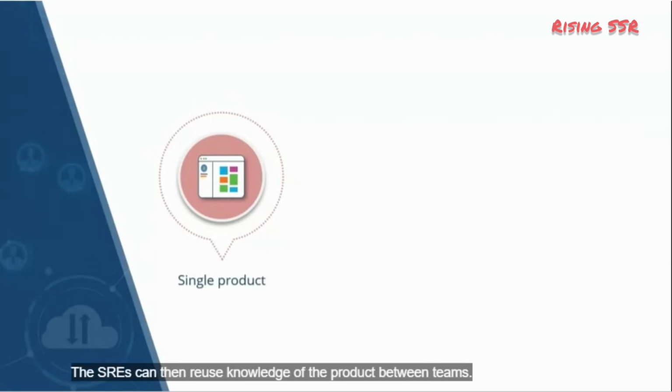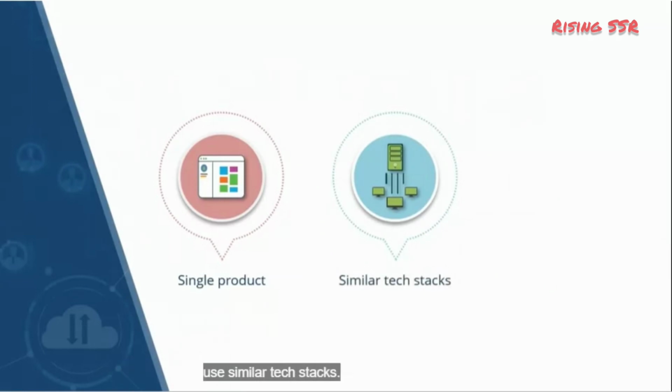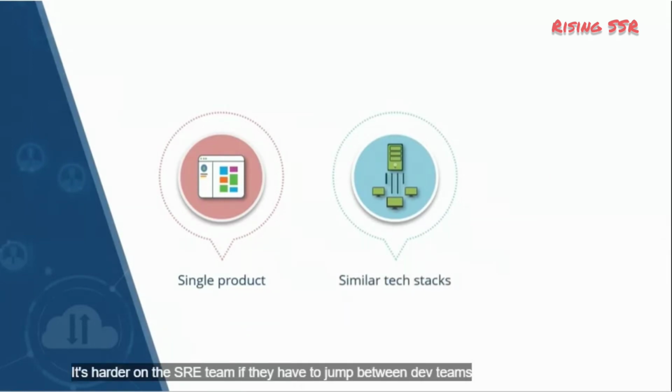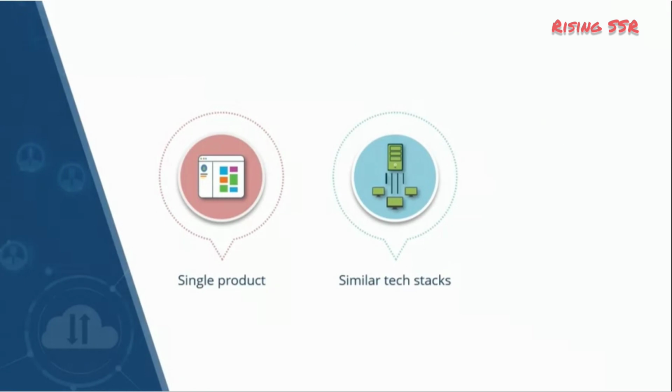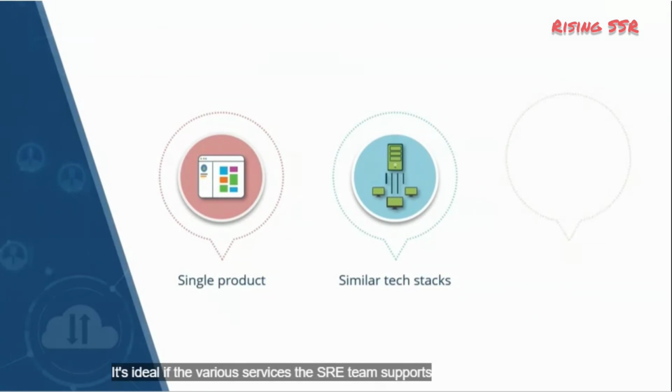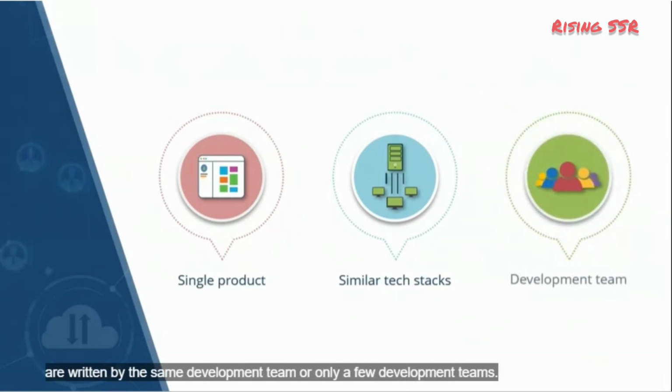The SREs can then reuse knowledge of the product between teams. It's also best if the dev teams that an SRE team engages use similar tech stacks. It's harder on the SRE team if they have to jump between dev teams that code in C# and Visual Basic, for example. It's ideal if the various services the SRE team supports are written by the same development team, or only a few development teams.